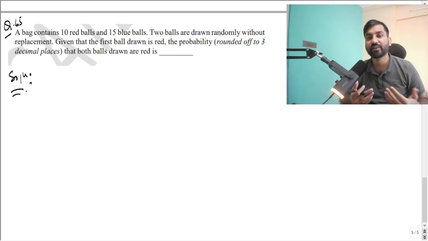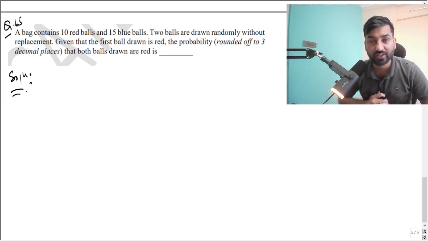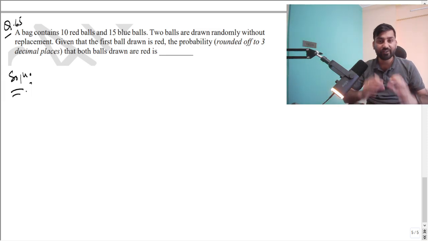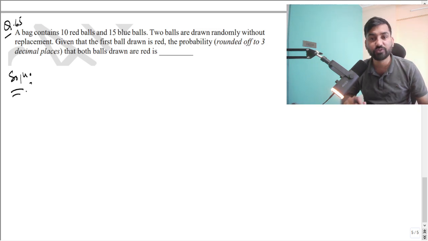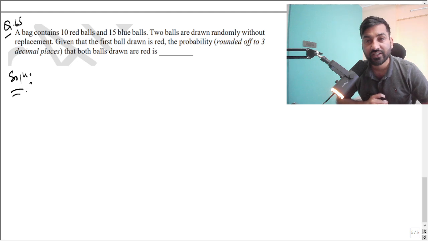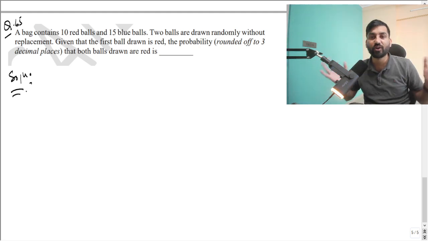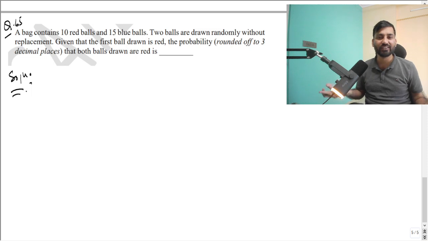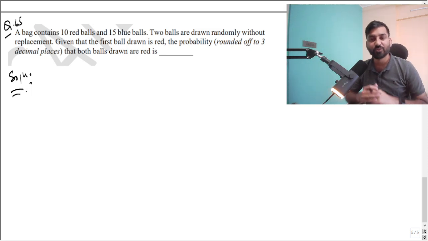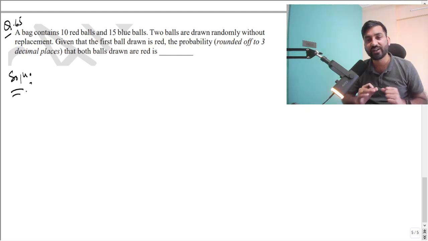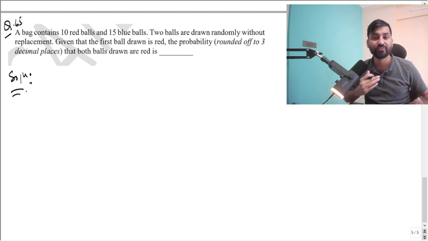What will be the probability that both balls drawn are red? Means what they are asking, they have given that the first ball which you have drawn is red only. So what is the probability of drawing the second ball so that both balls will be red? First is red, already it is given, right? There is a little trick, a little confusion in this question.